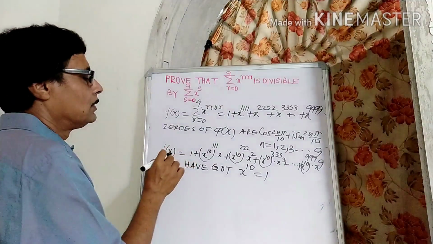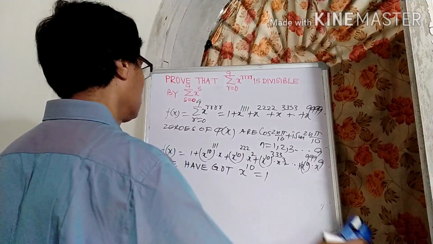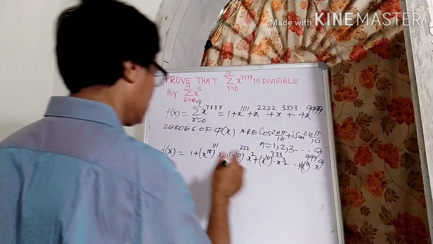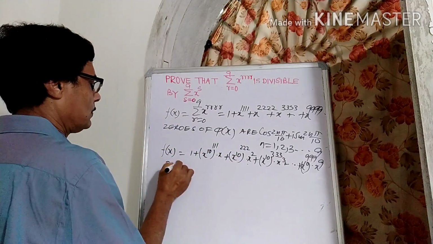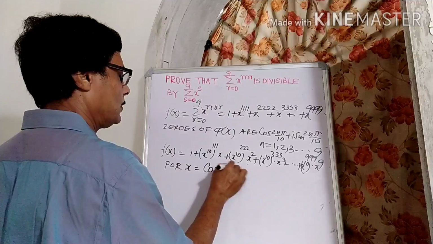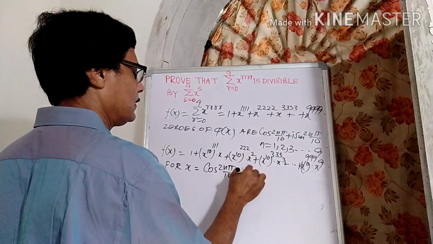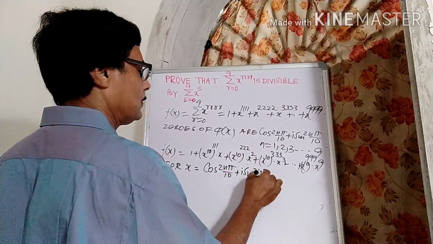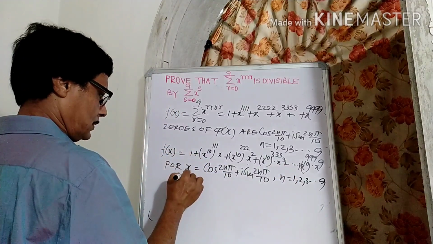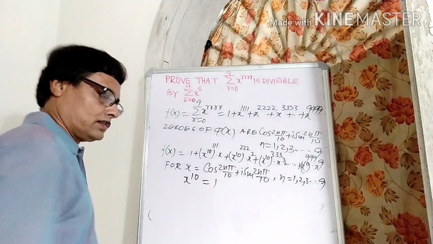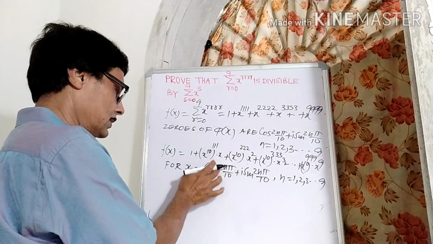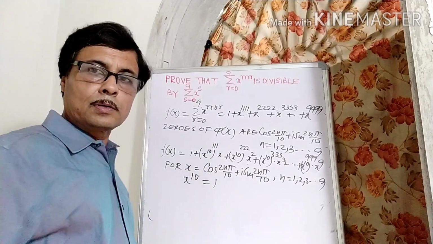That is, for x equal to cos 2n pi by 10 plus i sin 2n pi by 10 for n equal to 1 to 9, x to the power 10 equal to 1.